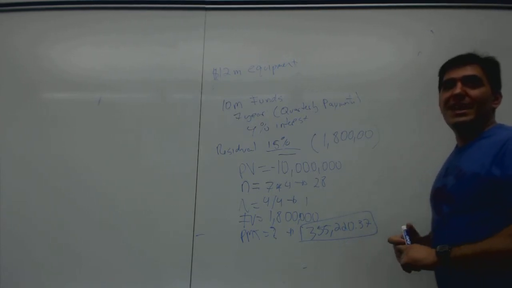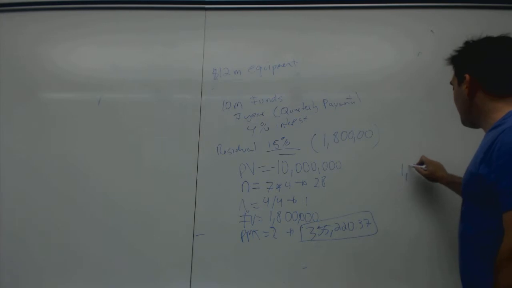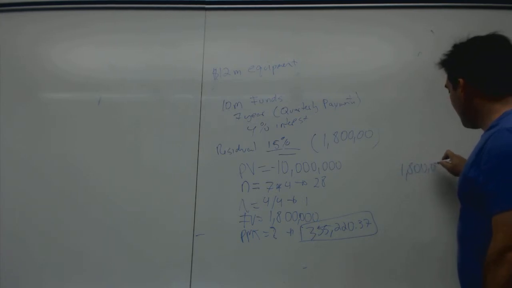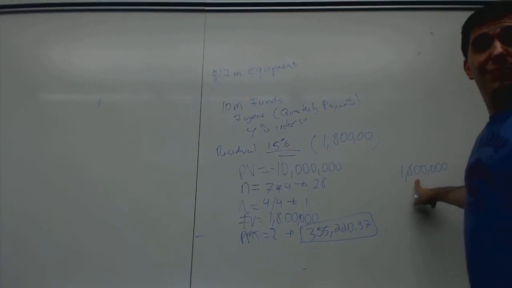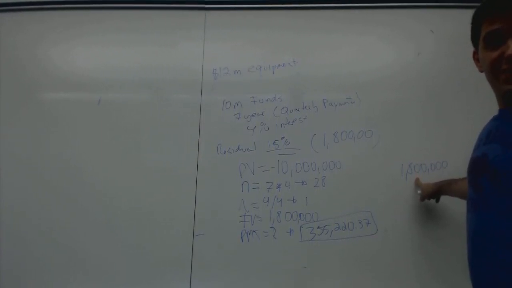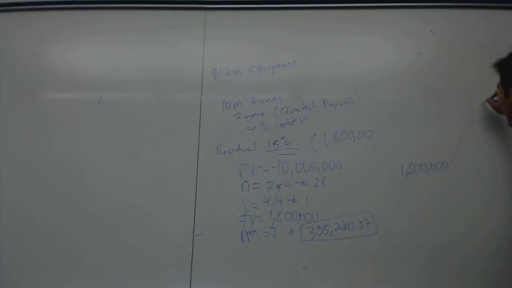The second one is, let's say they pay all the payments, and at the end, the company can either pay you 1,800,000 or let you keep the asset, correct? If the asset is worth more than 1,800,000, in all probability, the company will pay you and then sell it or keep it, correct?